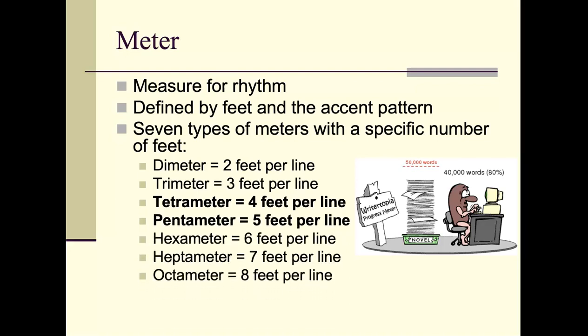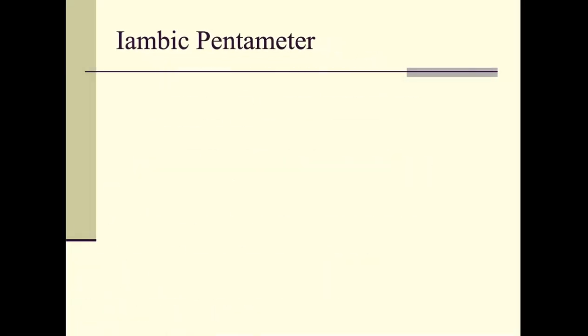I'm not going to read this list to you because you can see it, but what I do want to highlight for you is that Shakespeare liked to stick in the tetrameter and pentameter, with 4 feet per line or 5 feet per line. And that would be 8 syllables or 10 syllables altogether per line.